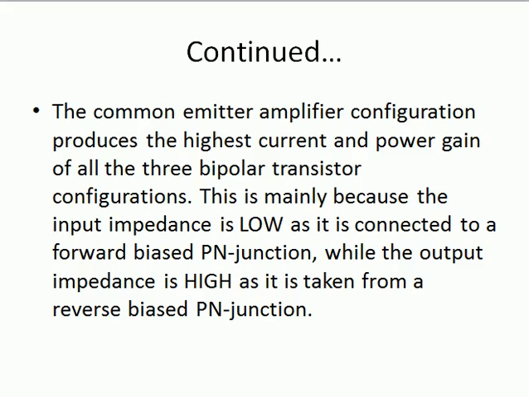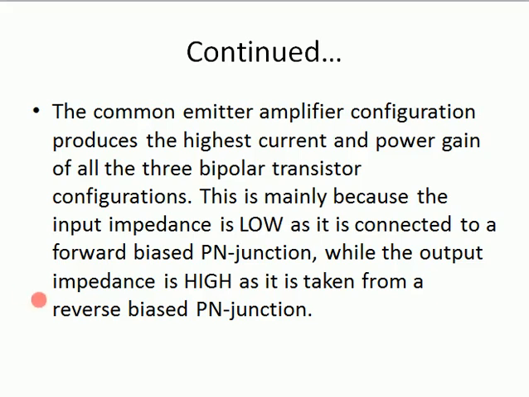So at the input side the impedance is low. Why is it low? As I said earlier, because the input junction is forward biased, and at the output side the output impedance is high because it is taken from the reverse biased PN junction.